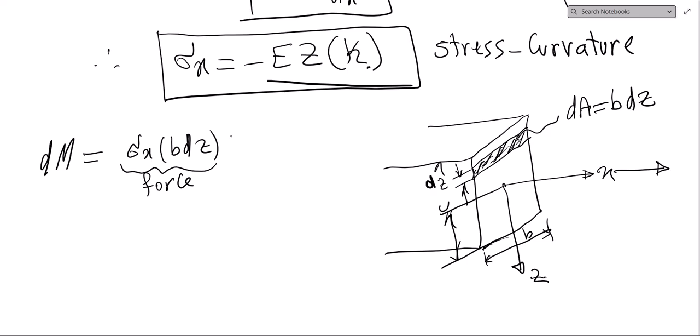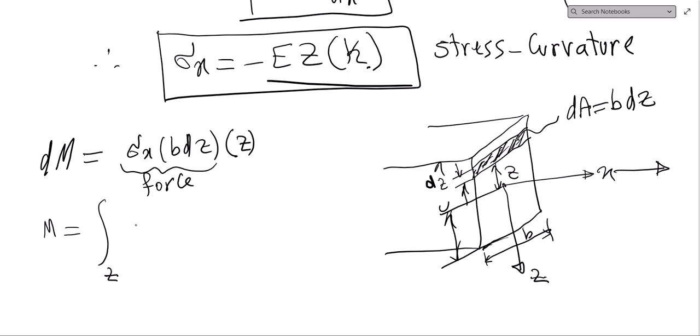And then I multiply this by the arm, which is z from the neutral axis. So this is my differential moment. Now I want the moment, so I come here and integrate this over the area, over z.